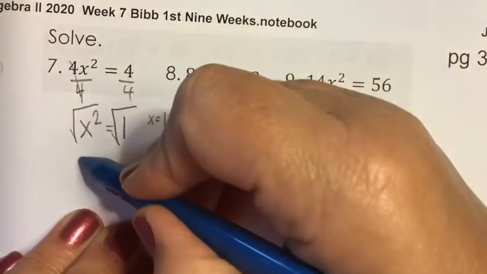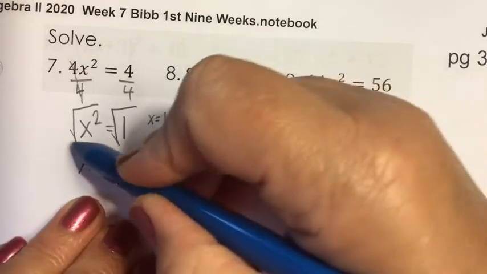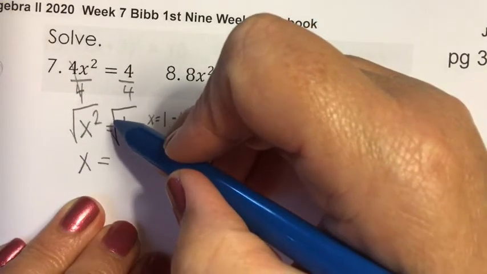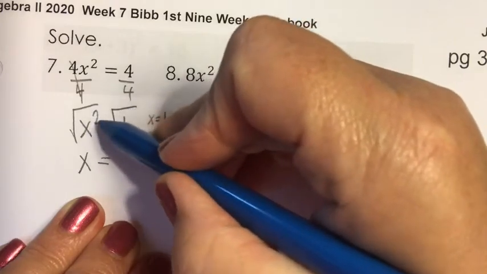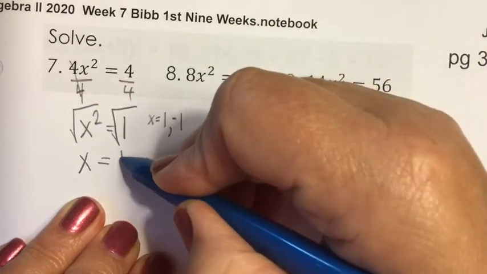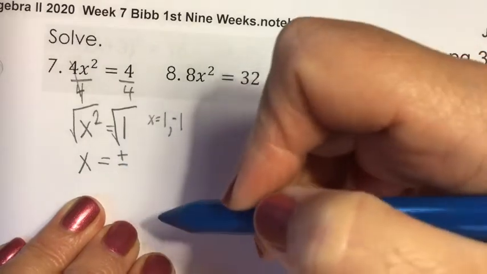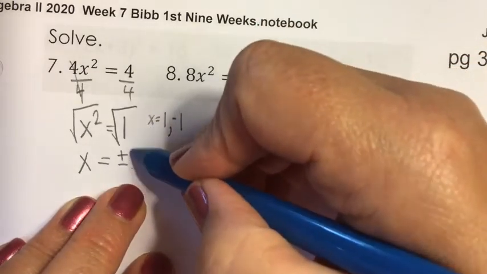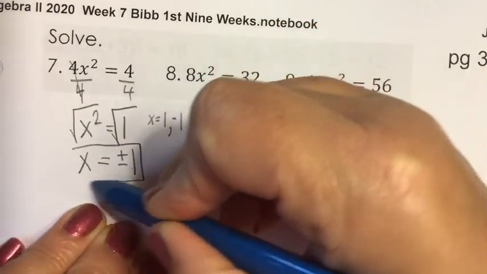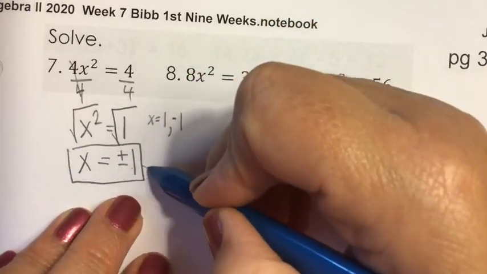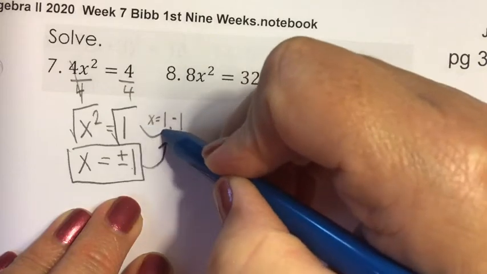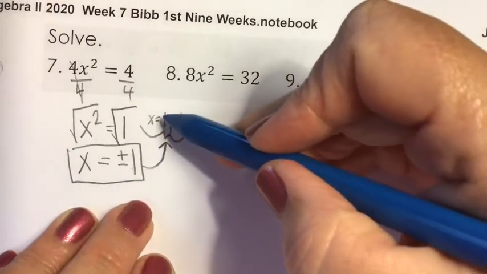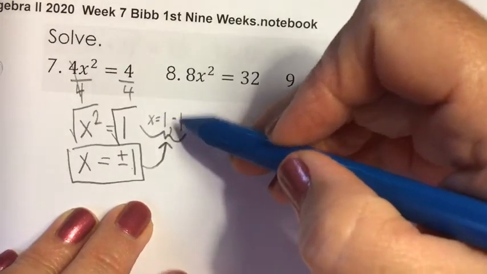The square root of x squared is x. We are solving a quadratic equation. A quadratic equation has two solutions. So that's why we use the symbol plus or minus. The answer is plus or minus the square root of 1, which is 1. I want you to notice that plus or minus 1 means positive 1 or negative 1.